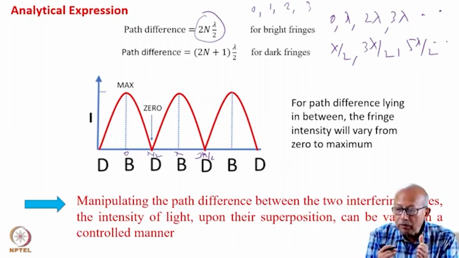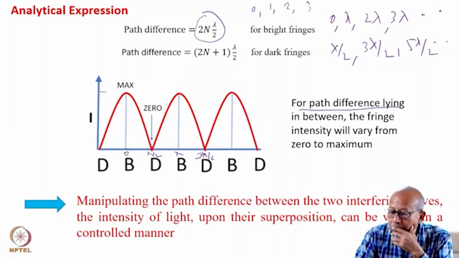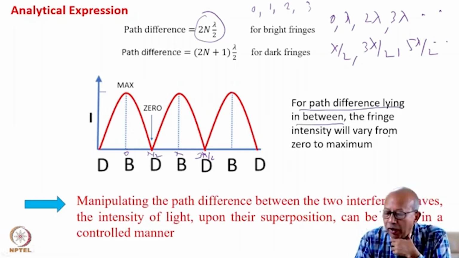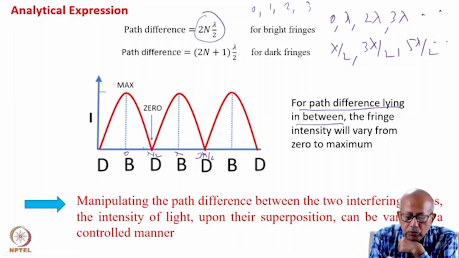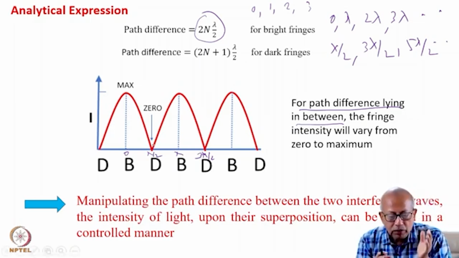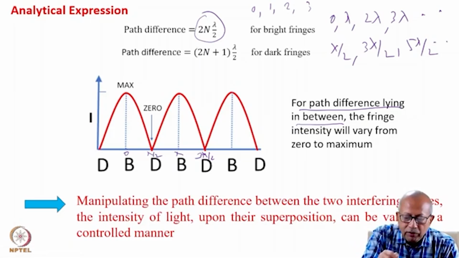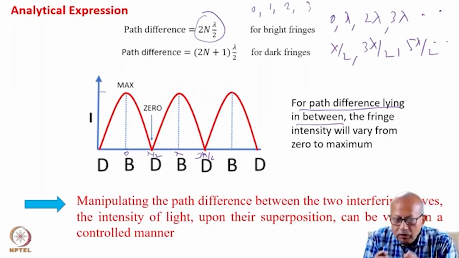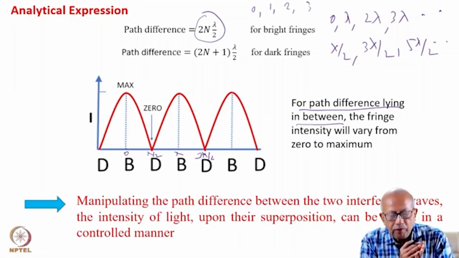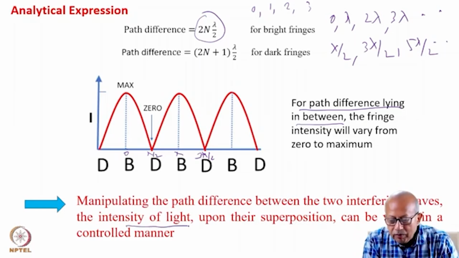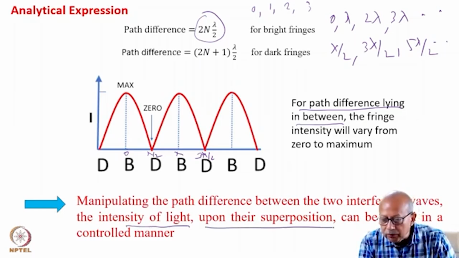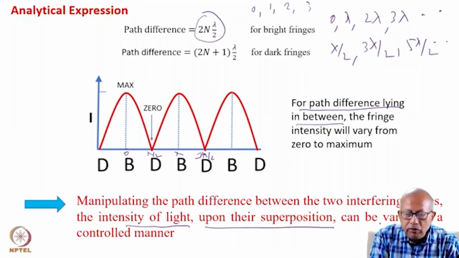But what happens for path differences lying in between? The fringe intensity will vary from 0 to maximum. So then you see, by manipulating the path difference between the two interfering waves, the intensity of light upon their superposition can be varied in a controlled manner.